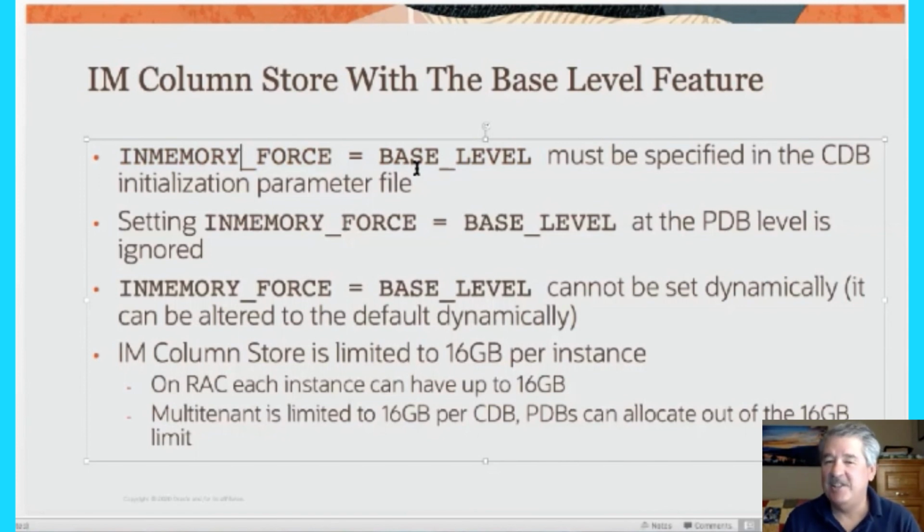So with the single CDB, we said, this is awesome, let's allocate base level, and we're going to put our 16 gigabytes of column store in inmemory_size. Then each of the PDBs can use that total amount. They don't each get 16 gigabytes. They can share the 16 gigabytes that's been allocated to the CDB.